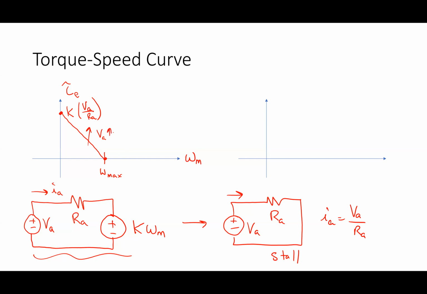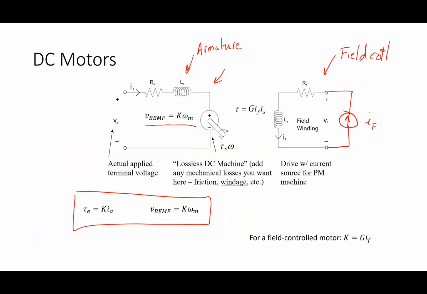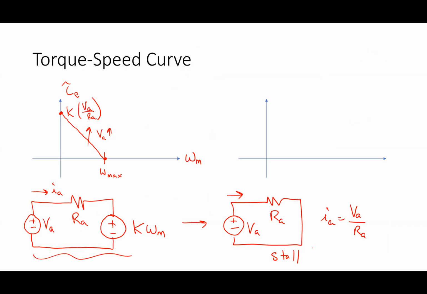The other thing I did, and it's summarized here, is I said if I have a field controlled motor, I can change what K is by changing the field current. If I double the field current, I double the K value. So what would that do to this curve?